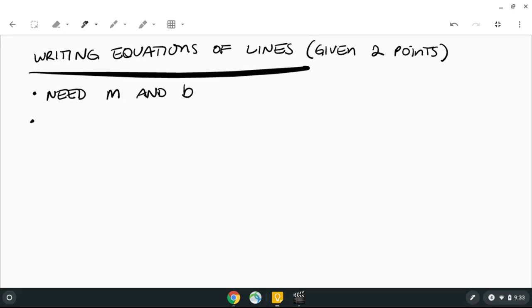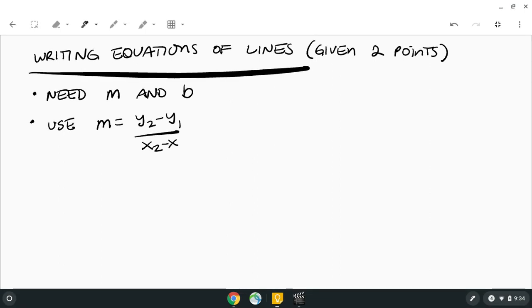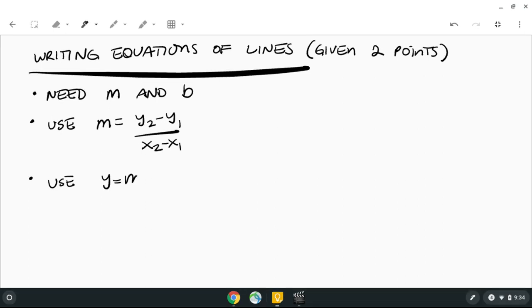So we're going to use the slope formula, which is, hopefully you have this memorized by now, y2 minus y1 over x2 minus x1. Okay, so we're going to use that to get our m, and then to get our b, we're going to use y equals mx plus b. Okay, so we need m and b in order to write the equation. And this is how we're going to get our m, and that's how we're going to get our b.